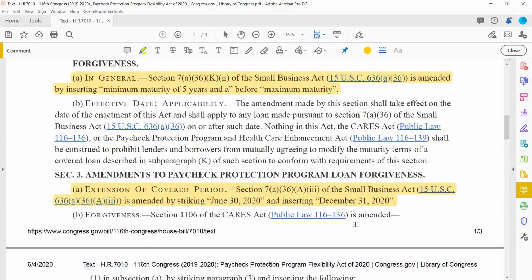A lot of dental offices still weren't open, and how in the world are they going to spend all this money by June 30th of 2020, this covered period? So the big thing in this Flexibility Act is they went back and amended it, and instead of that June 30th, 2020 date, they put this December 31st, 2020 date in it.